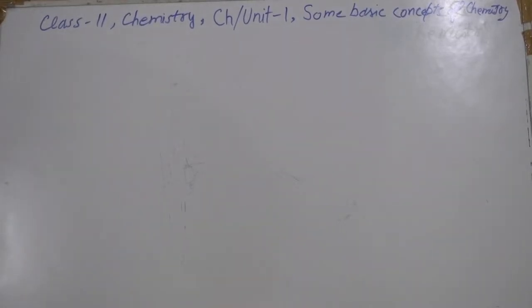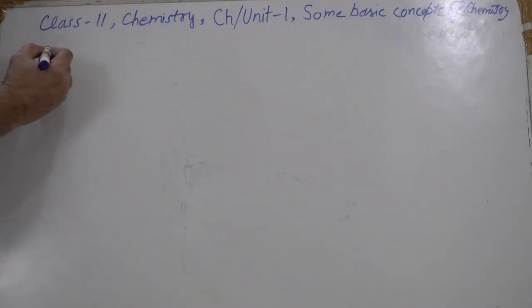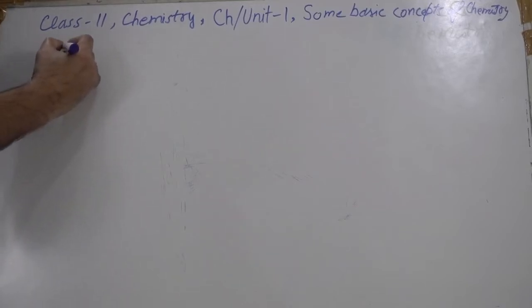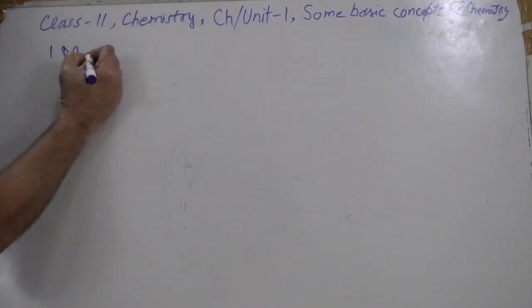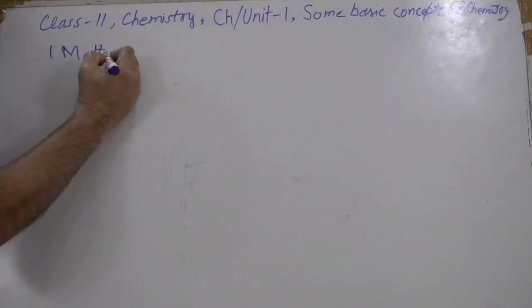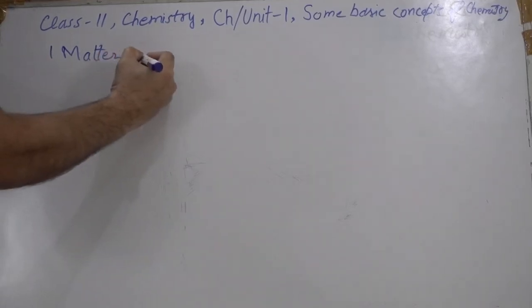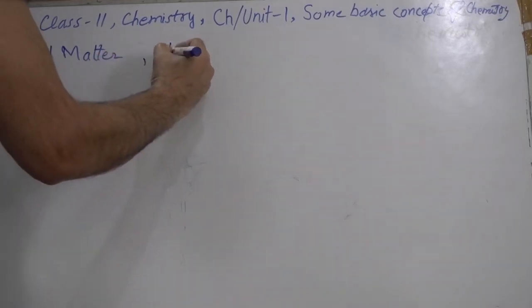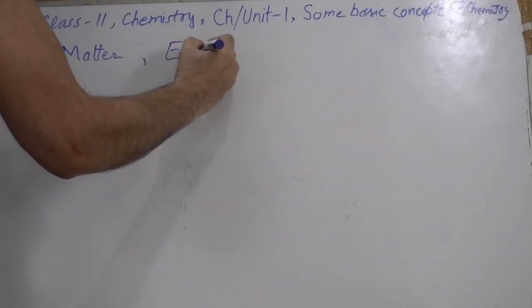If you see around, you can put the physical entities under four categories. Number one, that you may call matter. Number two, that is energy.